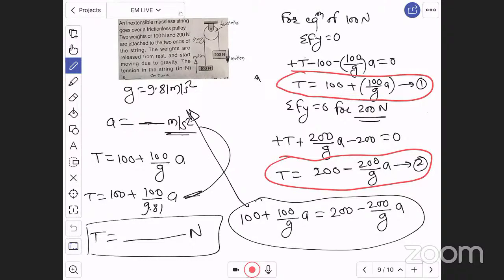Okay, let me tell you the answer. Check करना. The tension will be 133.33 Newton. The value of tension will be 133.33 Newton. Check this and comment में लिखो. कोई डाउट होगा तो कमेंट में पूछो.